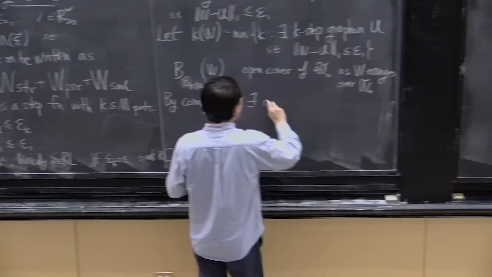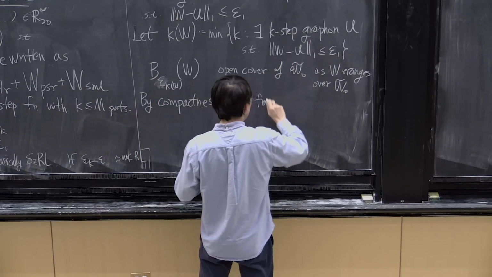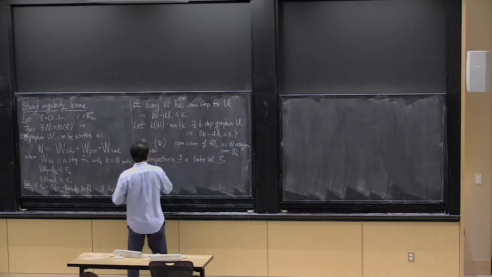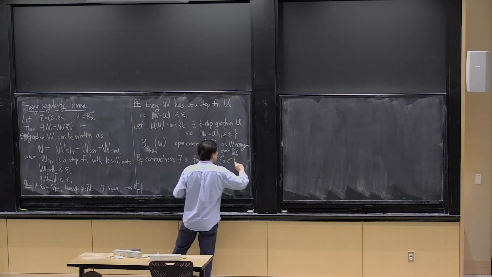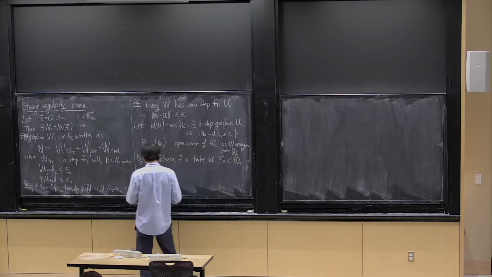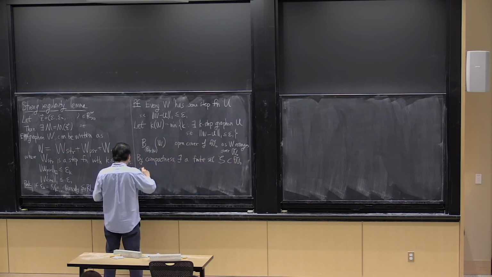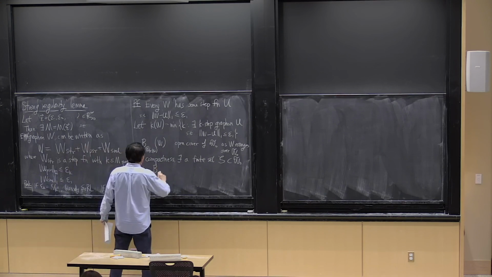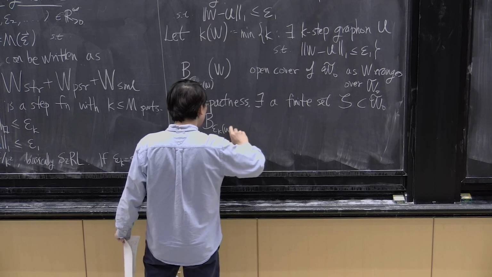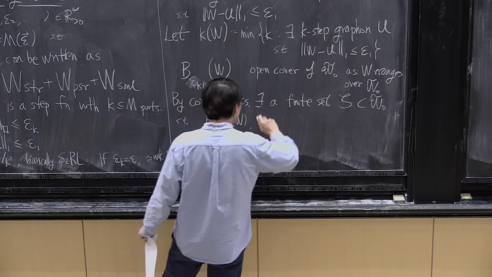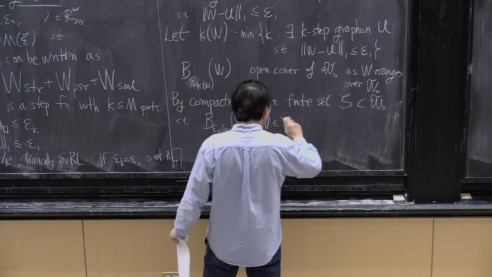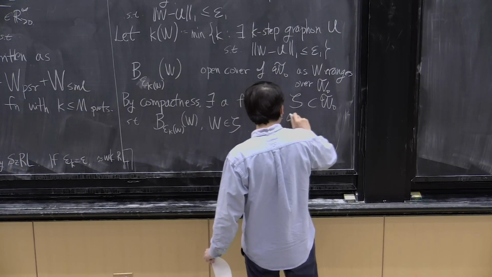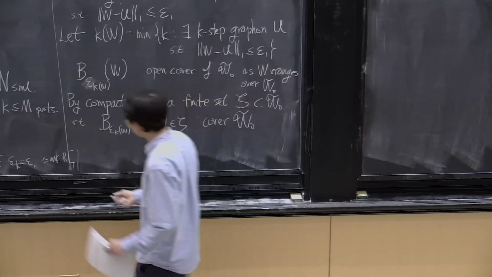So there exists a finite set, I'm going to write curly S, of graphons such that these balls, as I range over W in curly S, cover the space of graphons.